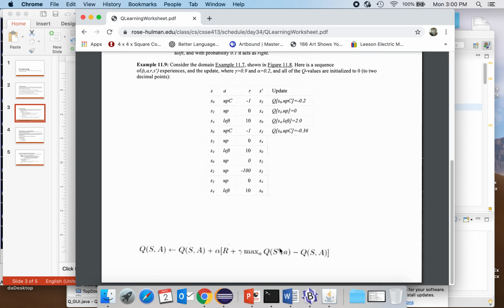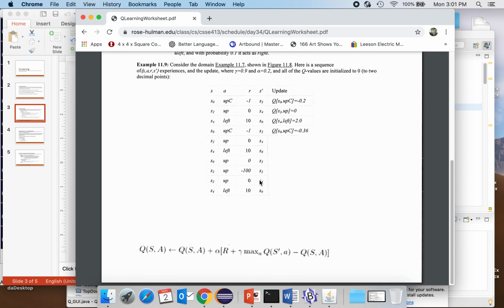We look at our table and ask which action gives me the highest value. We're going to be in state S2. The highest value is 0. Again, good to know because it could be negative. So this one turns out to be 0, and the tuning factor doesn't matter here.